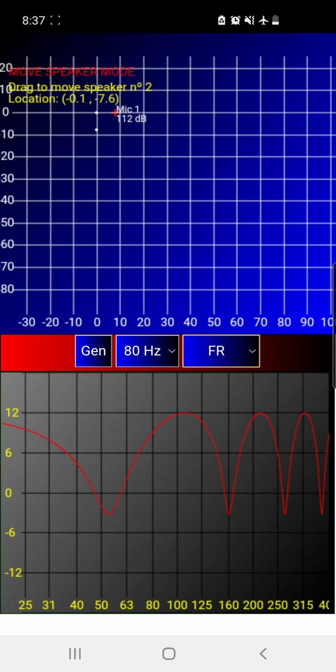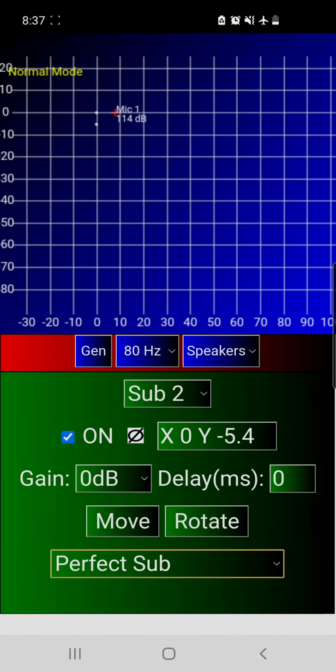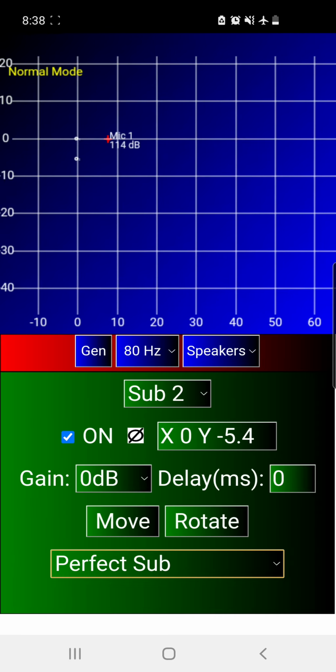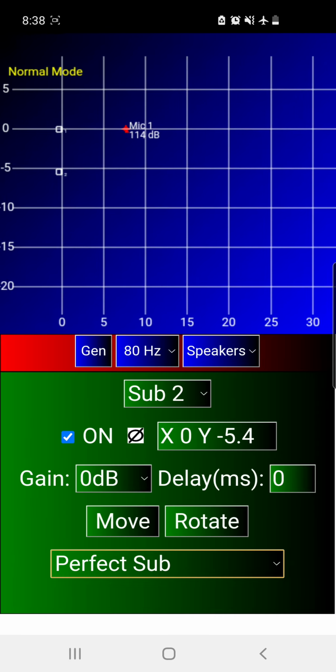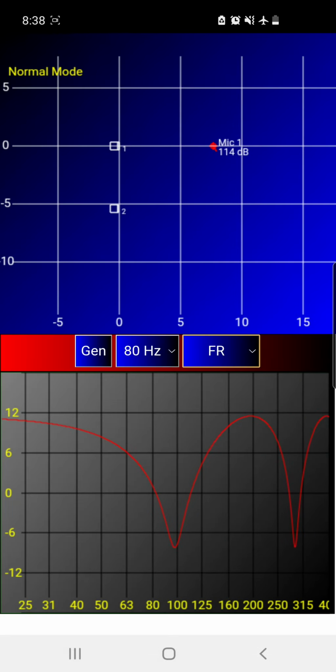Okay, so that's the idea here, to understand what's going on with the acoustical summation. You have to understand that what we are seeing here, when we use the perfect sub model for our experimentation and investigation, will be happening to any model you have.